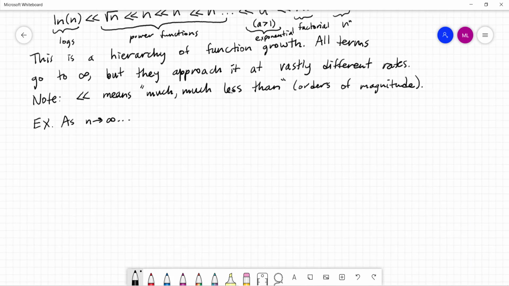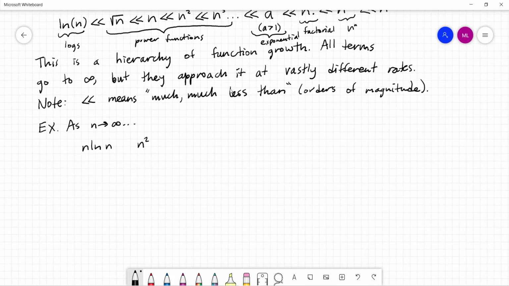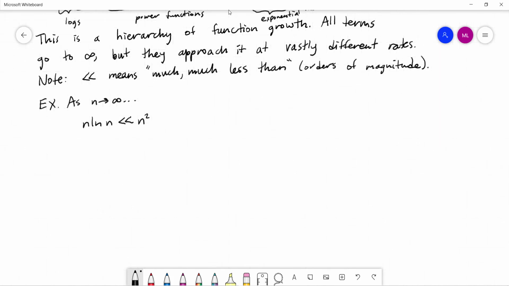As n goes to infinity, how does n log n compare to n squared? Well, basically I'm saying that this one times anything to the left of it, anything smaller than it, when I multiply those together, there's no combination of this times stuff to the left of it that's going to make it eclipse something that's further to the right. So it turns out n log n is much, much smaller than n squared.